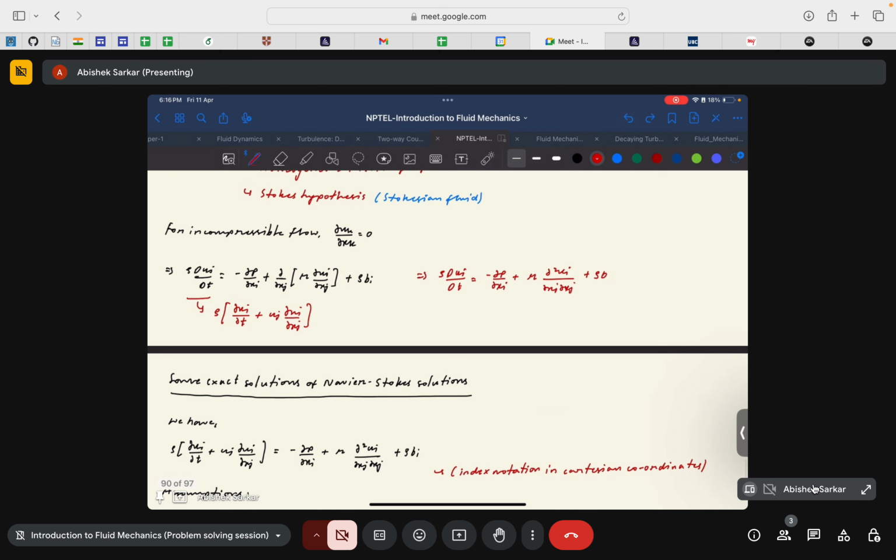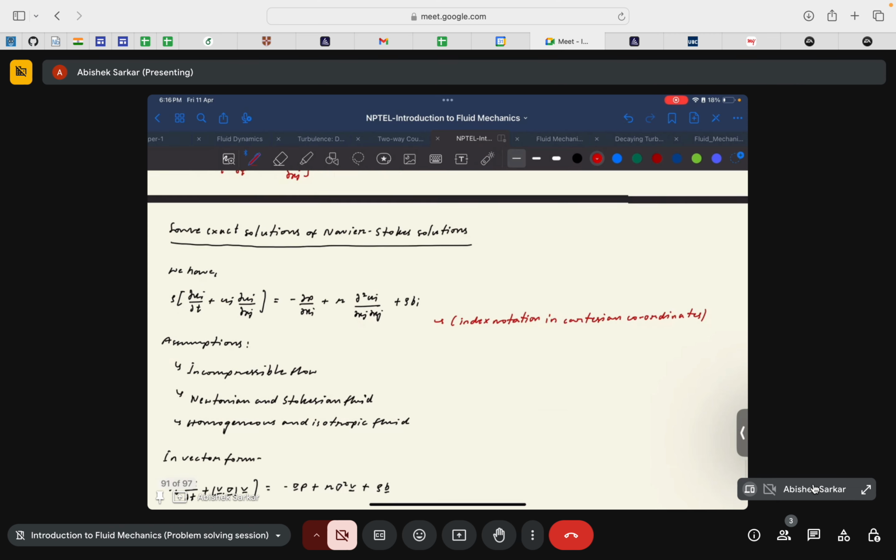Okay, so this is the incompressible Navier-Stokes equation. So I hope it is clear till now.